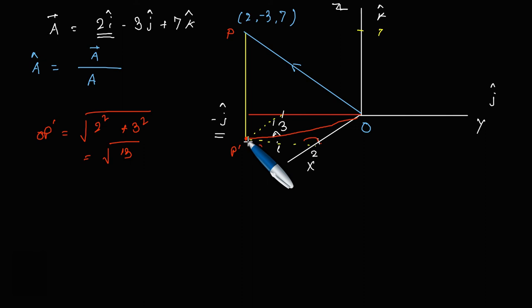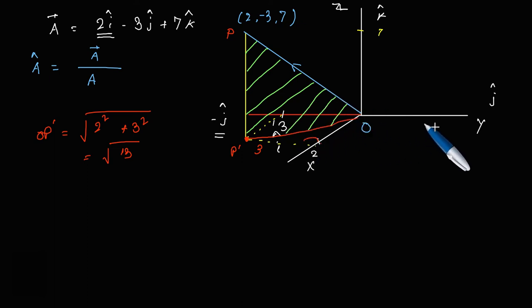Next, we have the next triangle which you can see. Now we have to calculate the length OP with the help of this triangle. Can you see the triangle? This is the triangle, and we know all the parameters we need. That is, OP prime is root 13 and P prime P is 7.